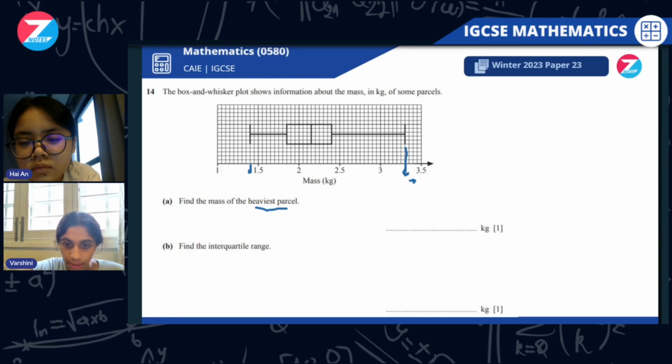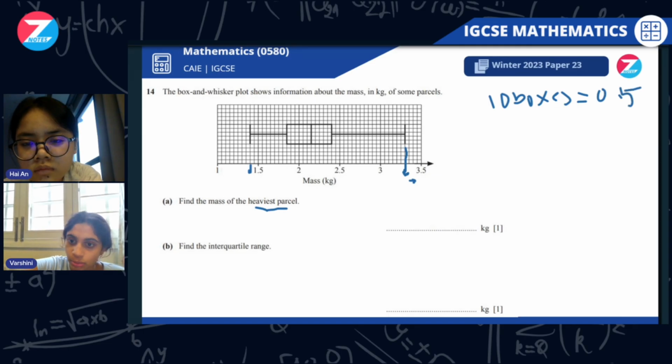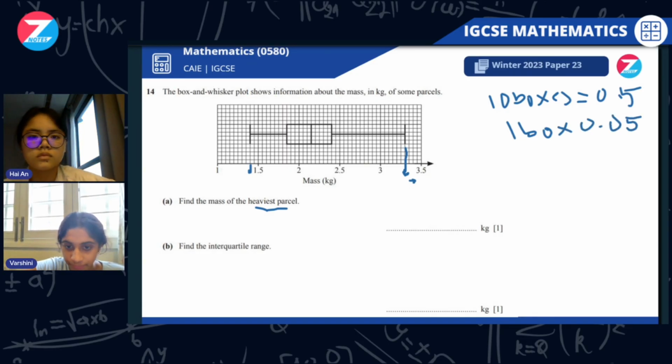Okay, so now how do we find this value? We know that 10 boxes equals 0.5, because 3 to 3.5. So one box is going to be 0.5 divided by 10, which is 0.05. So that also means two boxes equals 0.1.